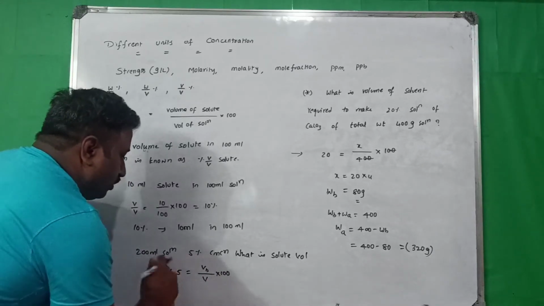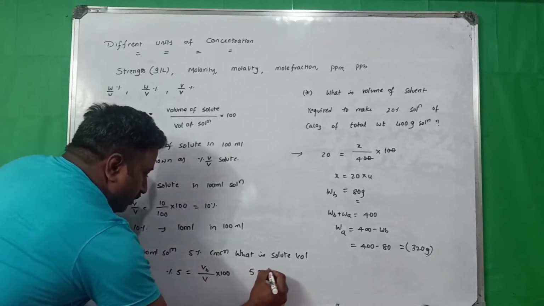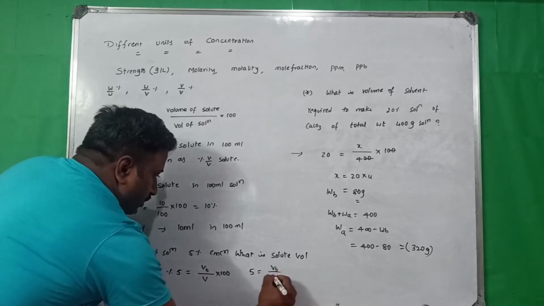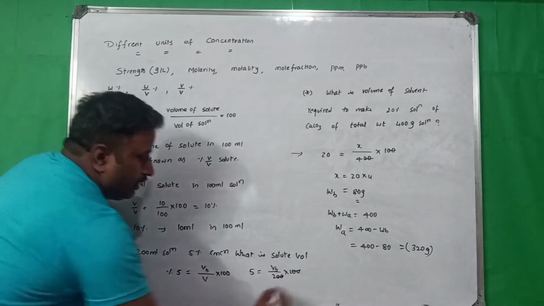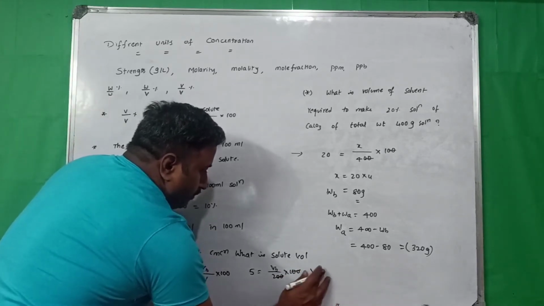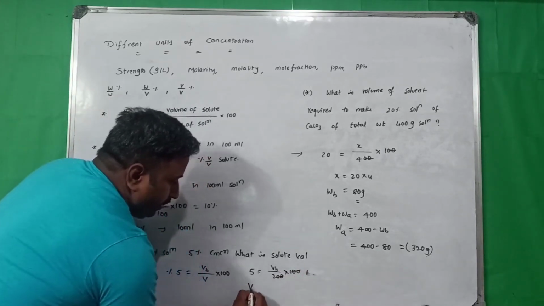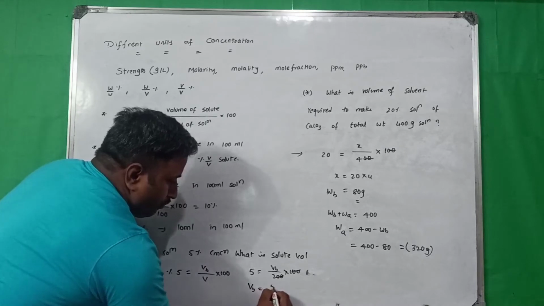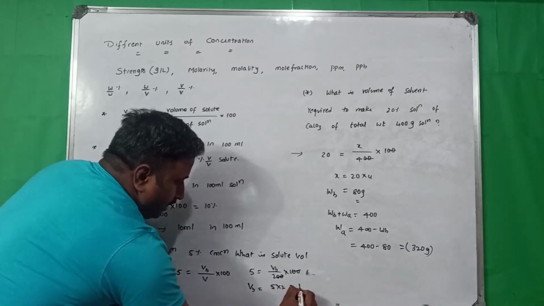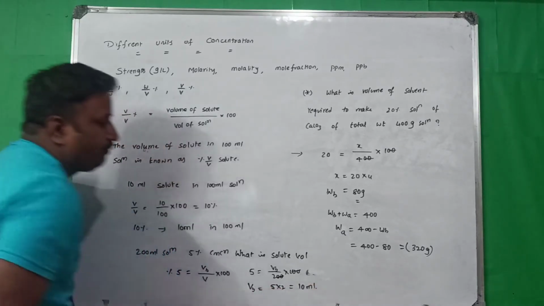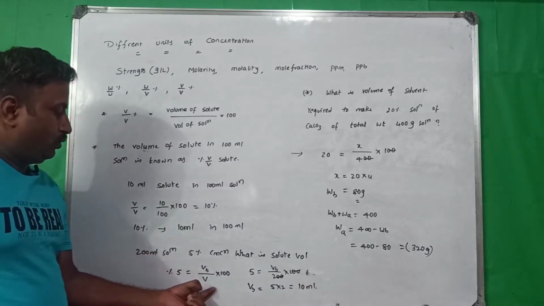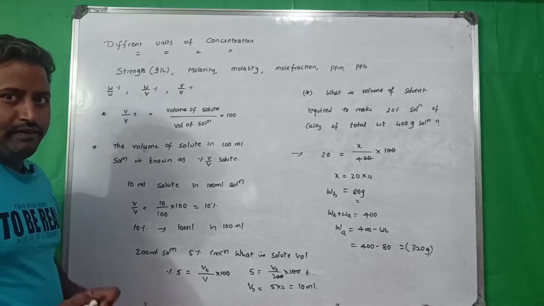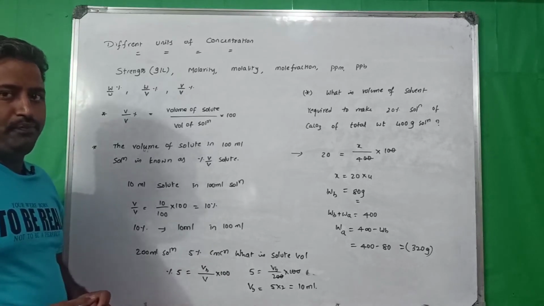So for 200 ml solution, 5 is equal to VB upon 200 into 100, cancel. Then VB is equal to 5 into 2, which is 10 ml. So we have to dissolve 10 ml of solute in 200 ml to get 5% volume upon volume.